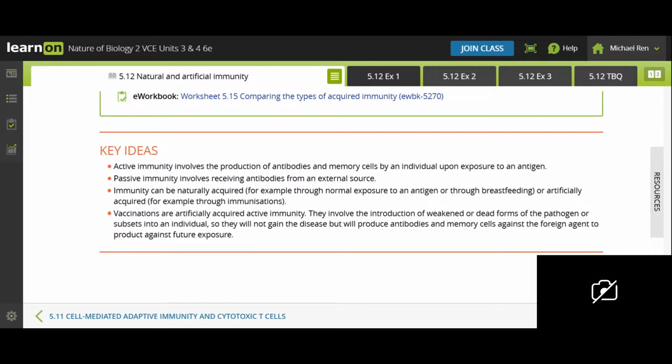There are 5 types, but only 2 or maybe 3 are important. You've got the live attenuated vaccine. A live attenuated vaccine basically contains the pathogen that has been weakened. So they're weakened viruses and bacteria. They cannot cause disease, but they can reproduce.